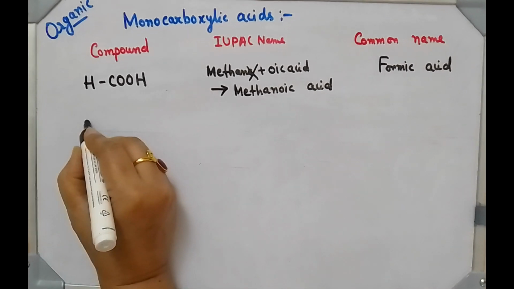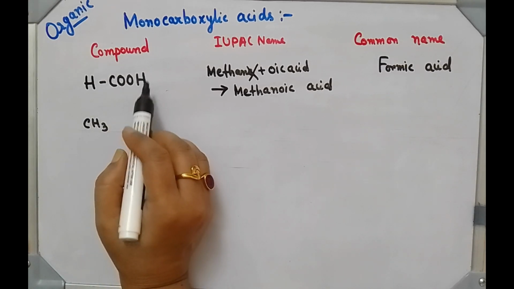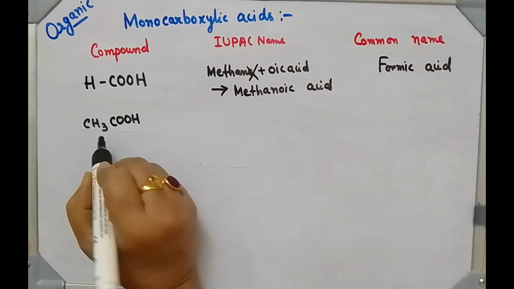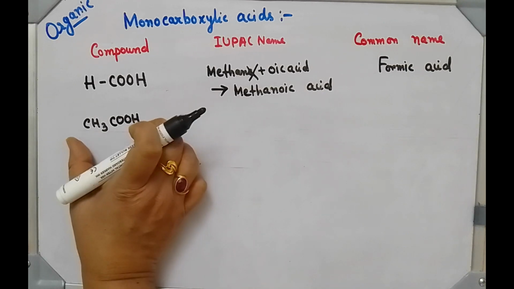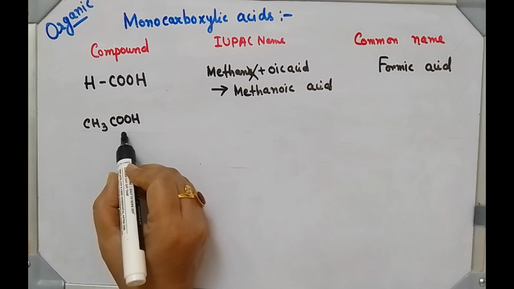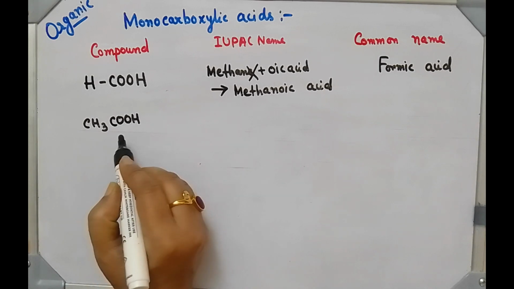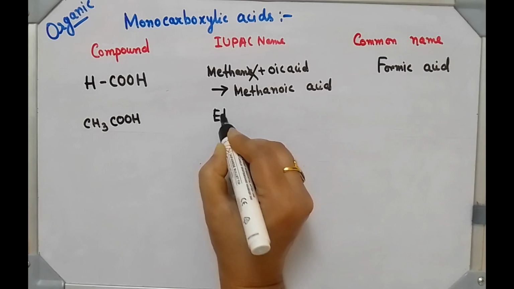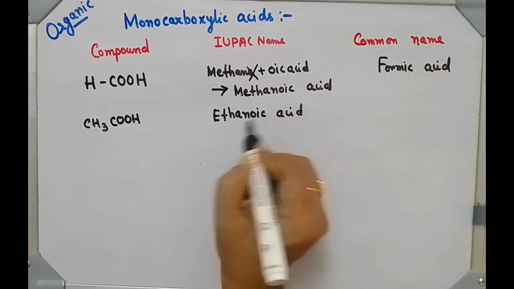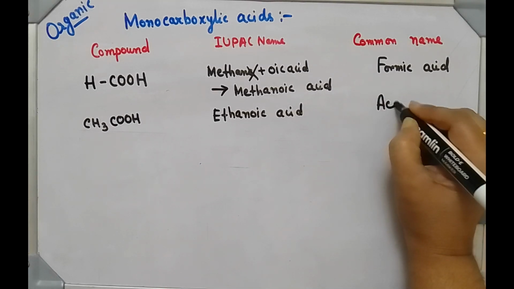Now see here, this is the first homologue of this series. Now we are adding one CH2, so we get the next homologue, with a total of 2 carbon atoms. Here also, since the carboxylic acid functional group has a carbon, we have to include it to select the word root. So it will be ethanoic acid, meaning ethane plus oic acid, and its common name will be acetic acid.